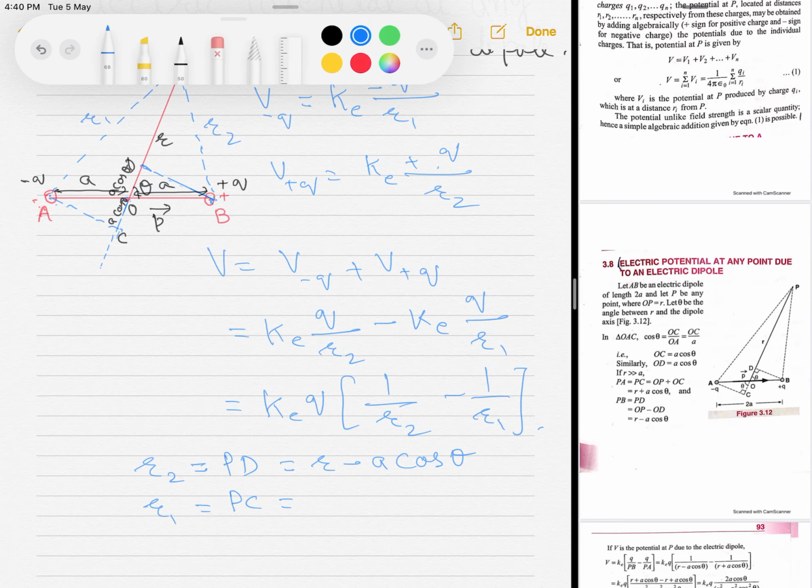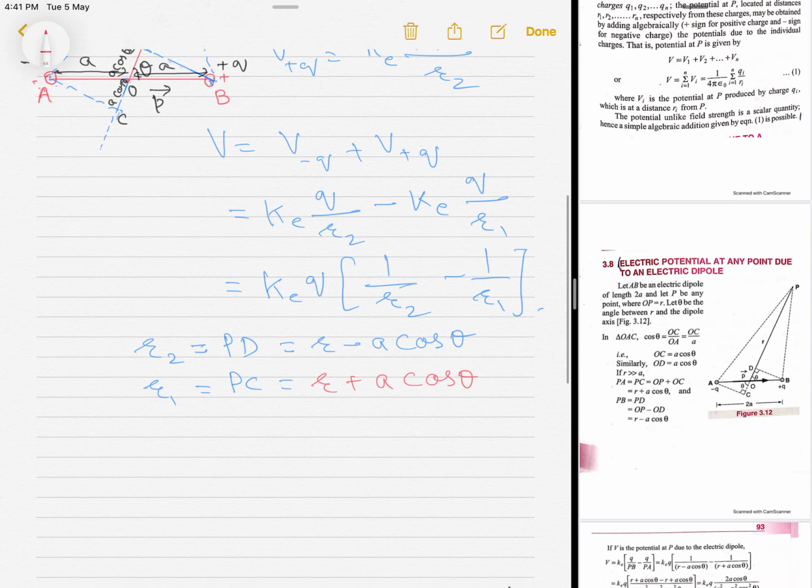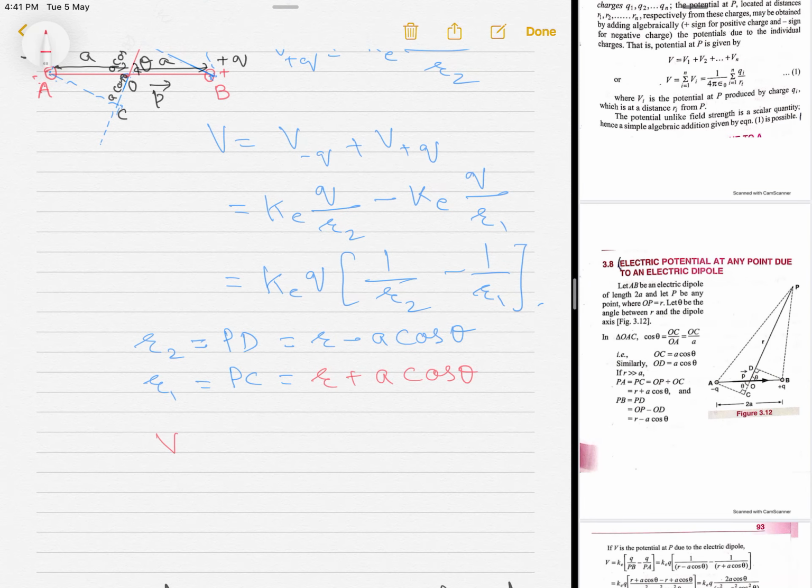When we draw a perpendicular from A, that is AC, it will be r plus a cos theta. Now, putting the values, V will be equal to Ke q, 1 upon r minus a cos theta minus 1 upon r plus a cos theta.